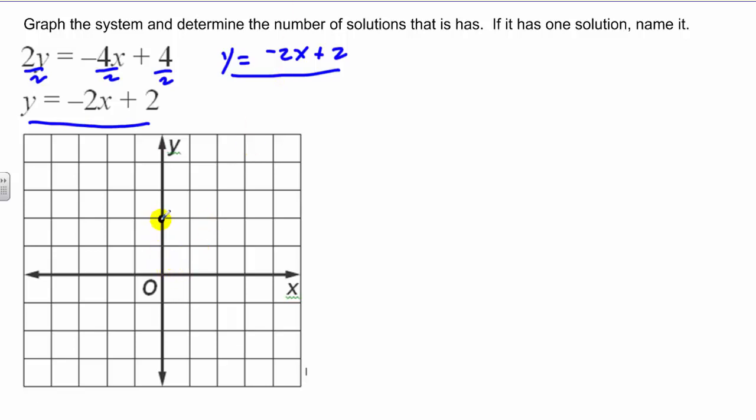If I go up to 2 and down 2 over 1, down 2 over 1, etc., you'll notice my line looks something like this. But like I said, if I graph the bottom equation, I'm doing the exact same thing. So one line is overlapping the other. Thus, we have infinite solutions.